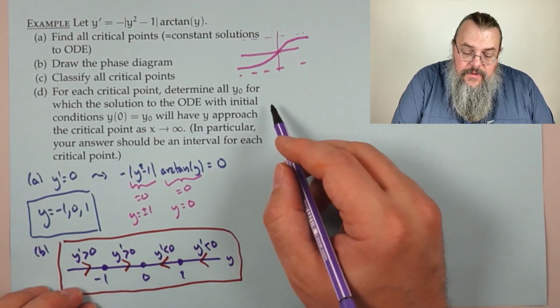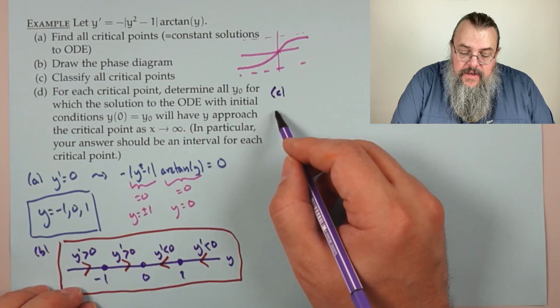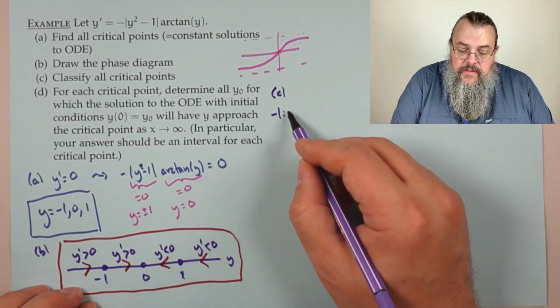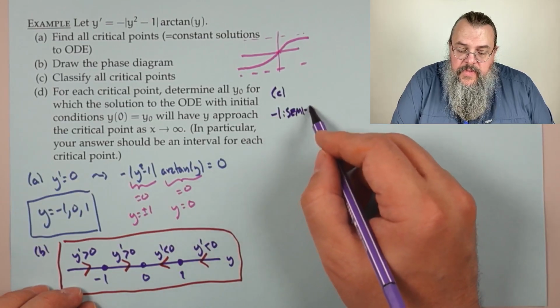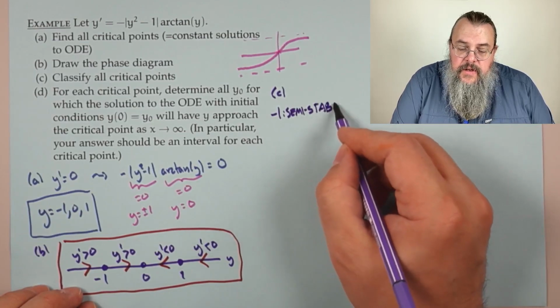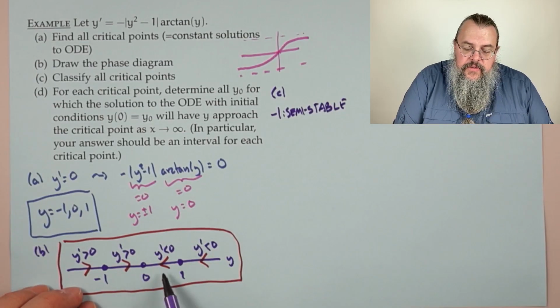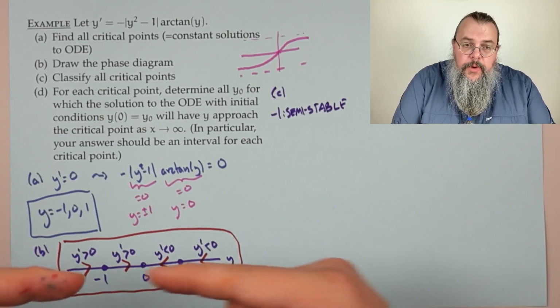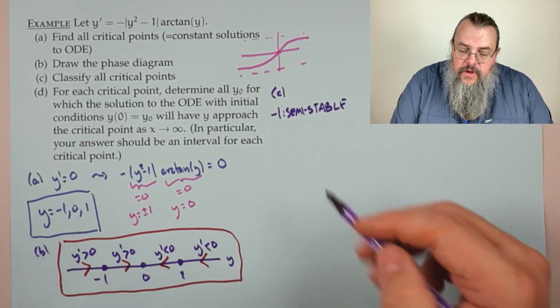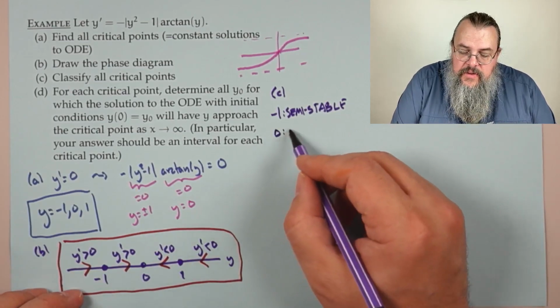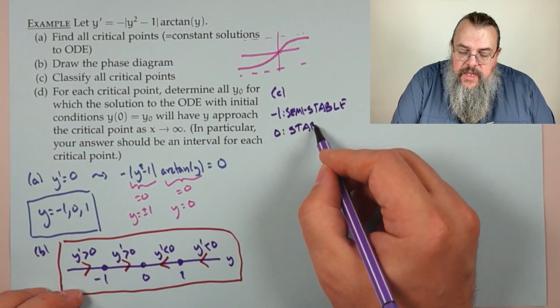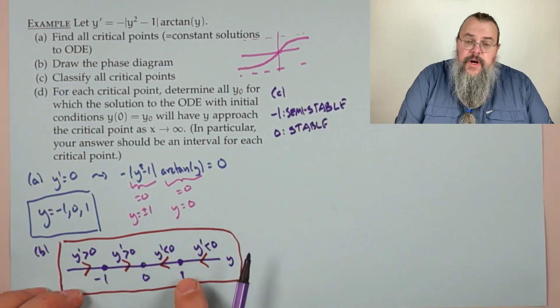All right, so we can say that -1 is semi-stable. All right, good. Now, what about 0? Well, they're pointing in. Okay, so what is that? Stable.